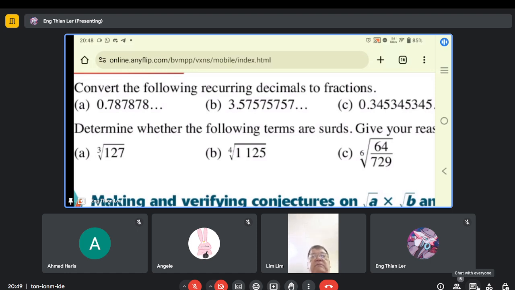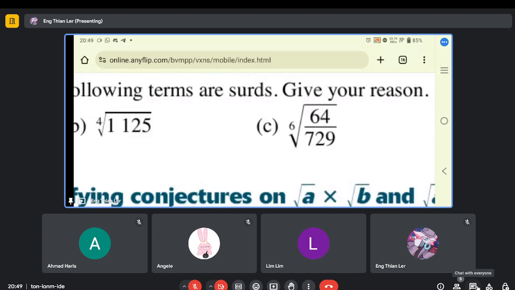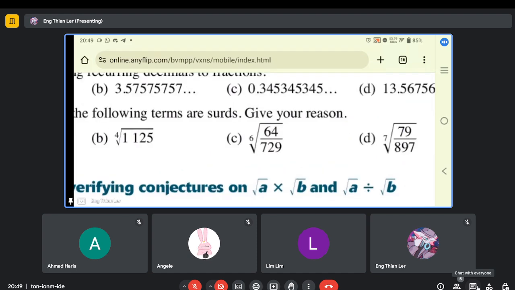So what you get? 1125 to the power of 1 over 4 is actually equal to 5.791 blah blah, and we cannot write this expression as a fraction. So this is a surd. We can know that this is a surd.